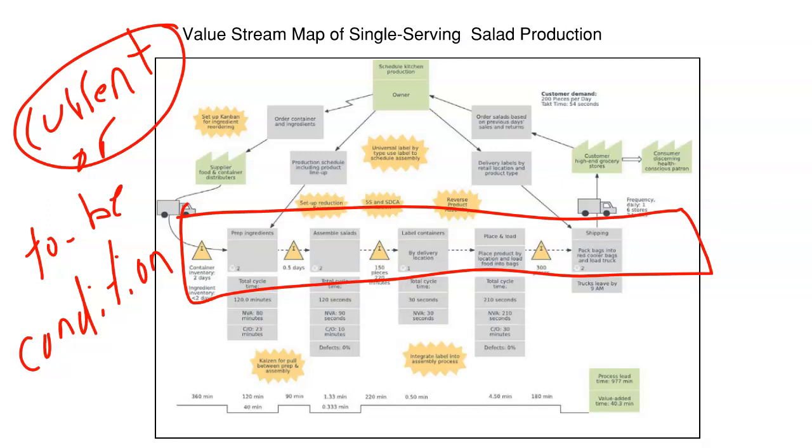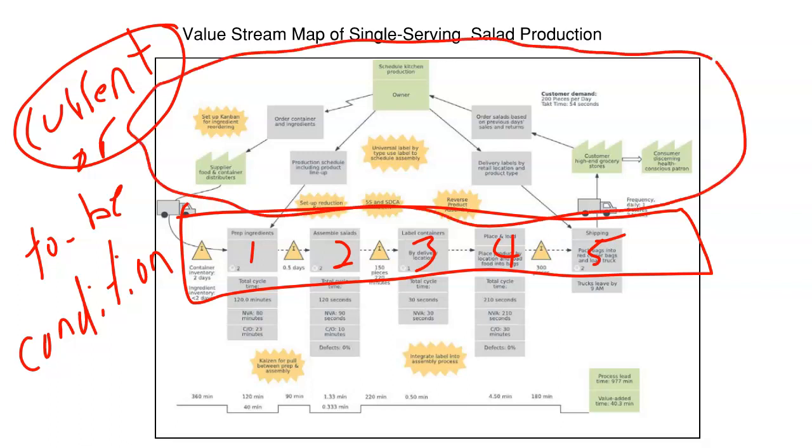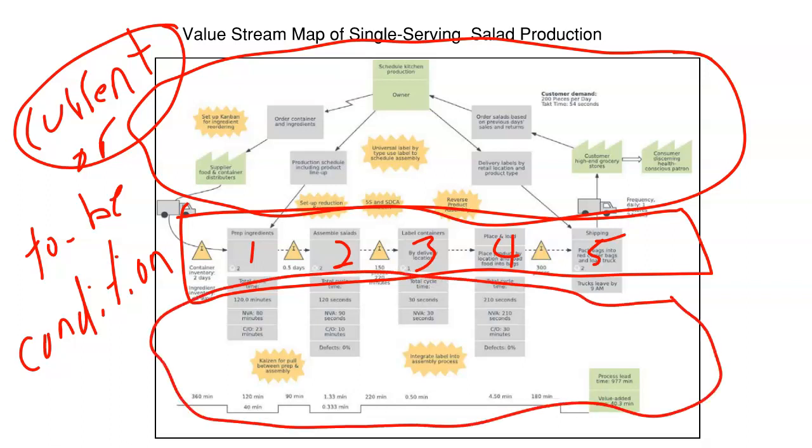And we can see here we've got prep ingredients, we've got assemble salads, label containers, place and load, and ship. This looks an awful lot like your high-level process map. Then there's information above and information below. The information above and the information below start to represent some of the layers that are in this three-layer map.